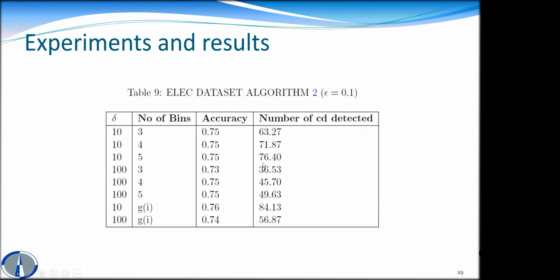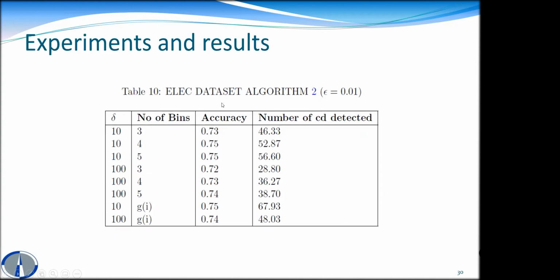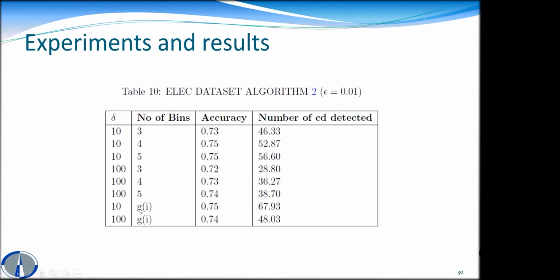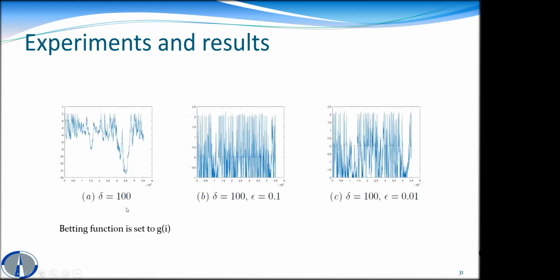Some of them might be false alarms, but the results are better. When we set epsilon equal to 0.01, accuracy is improved compared with the first one. The best results are obtained when we set the number of bins to grow.